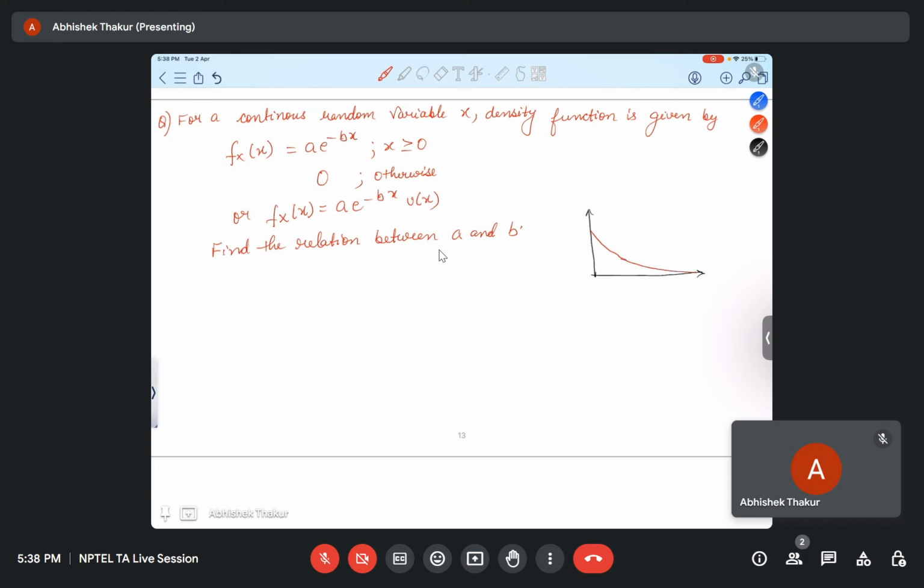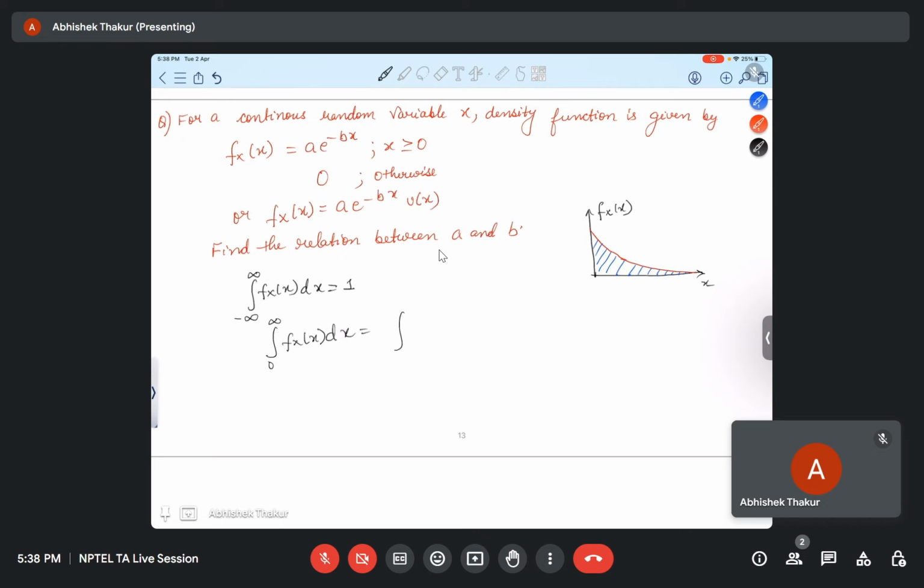Okay. So the total area will always be 1. So we can write the integration of the probability density function from minus infinity to infinity with respect to dx is equal to 1. In this case, the value is from 0 to infinity.